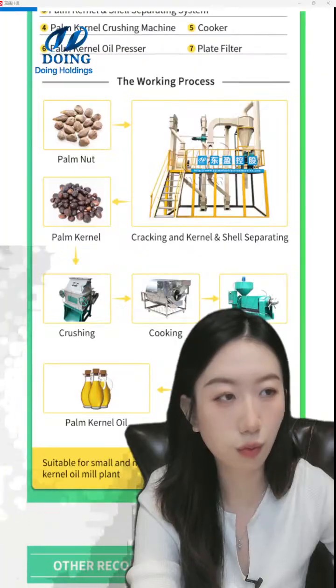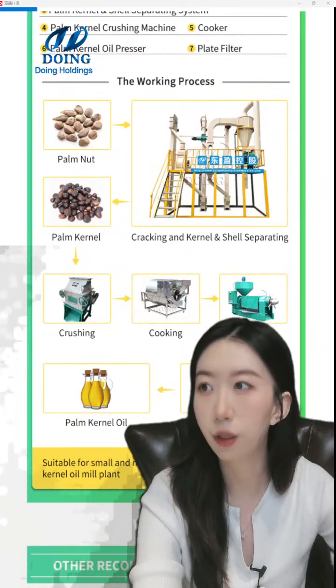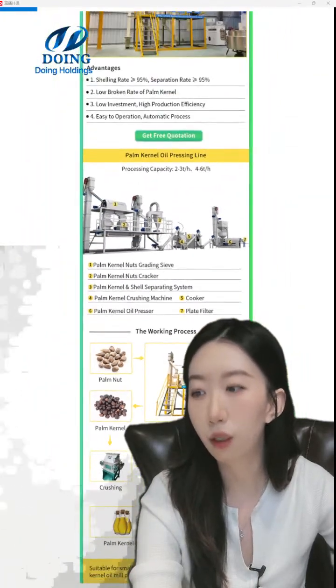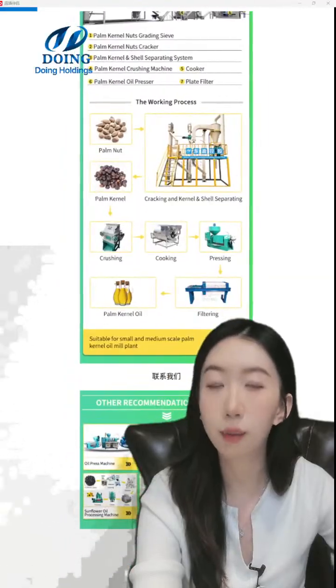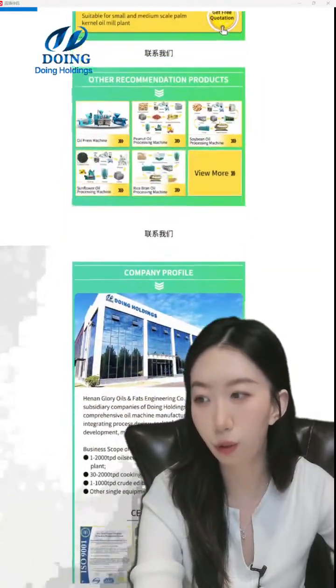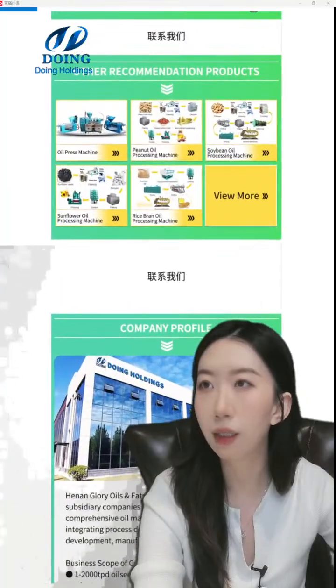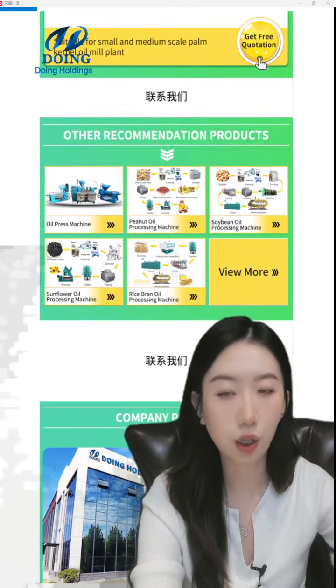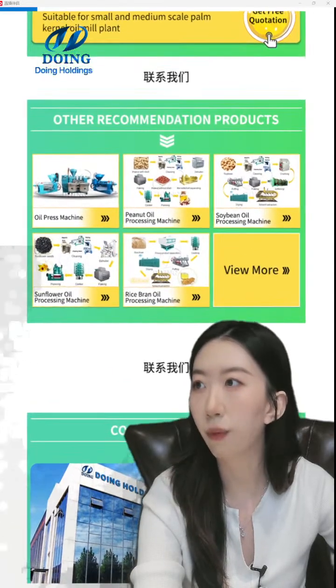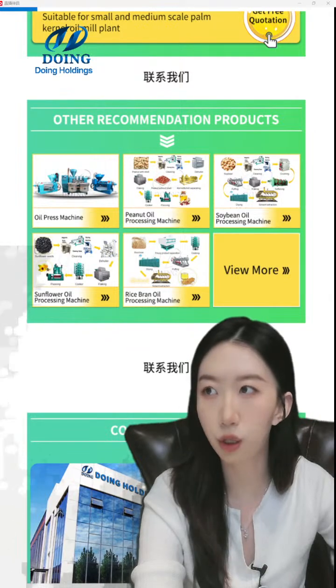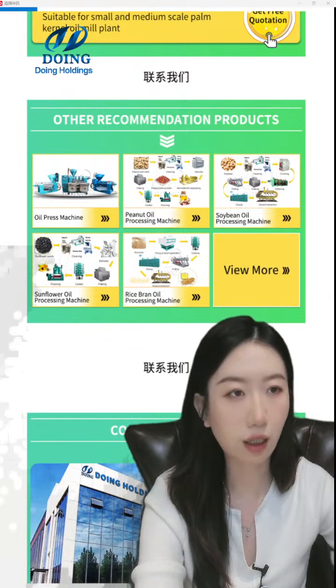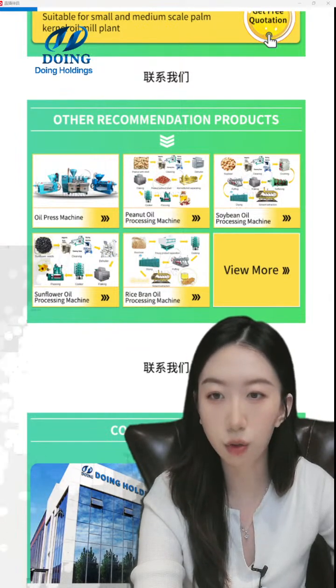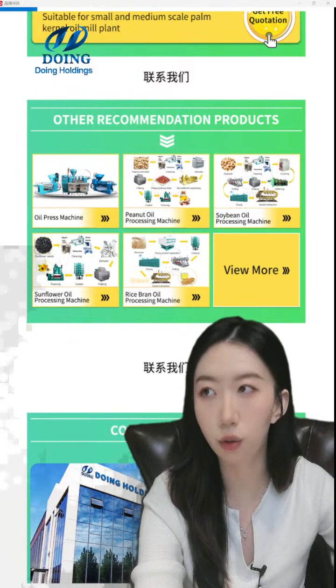Okay, this is our palm oil and palm kernel oil production line. And except for the palm oil and palm kernel oil production line, we can also provide the oil press machine, single machine, for extracting soybean oil, rapeseed oil, cottonseed oil, peanut oil, and so on.